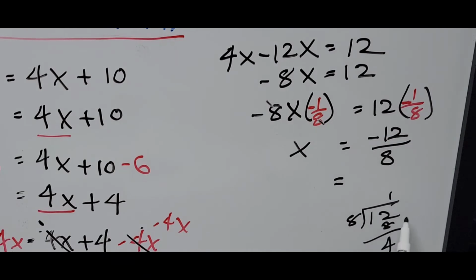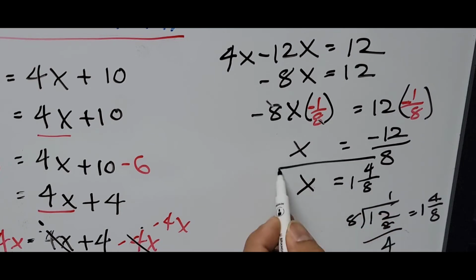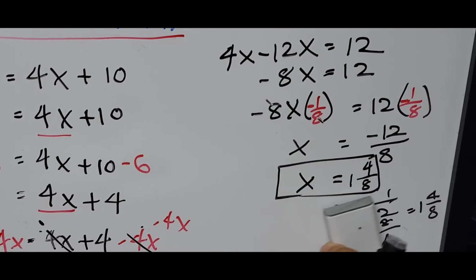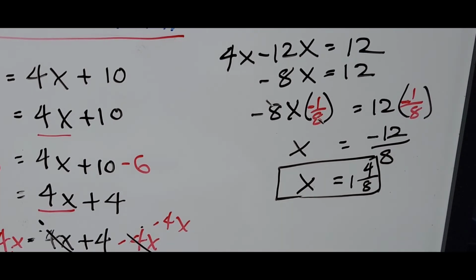So that's the same as x is equal to 1 and 4 over 8. 1 and 4 over 8. Let's put the value of x. But then now the answer here, looking at it, we call that a mixed fraction. That involves a whole number and a fractional part.